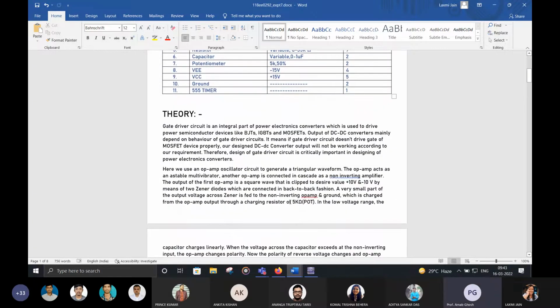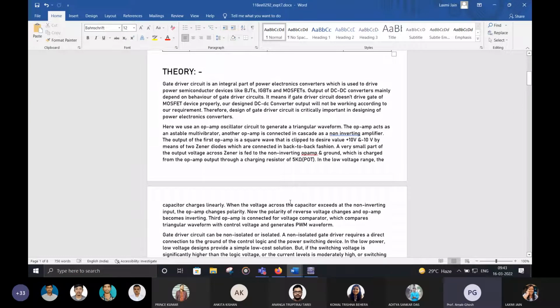In the theory portion, the left alignment, make it justified. Okay, sir.